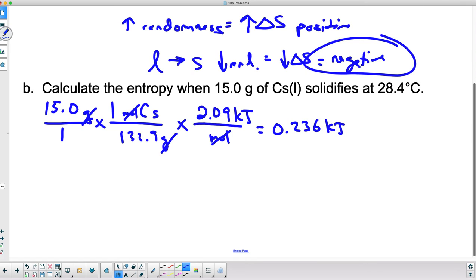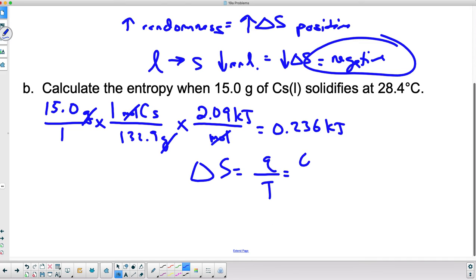Good. Now, unfortunately, we're not finished. This right here is only the heat part, which means the energy part, which means that if you guys remember, delta S equals Q over T, so the temperature in Kelvin.